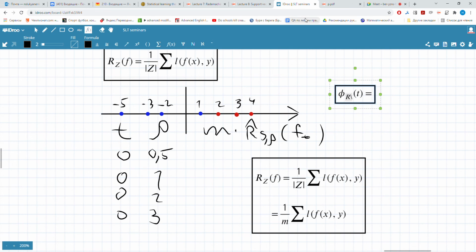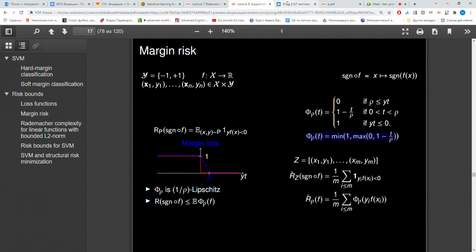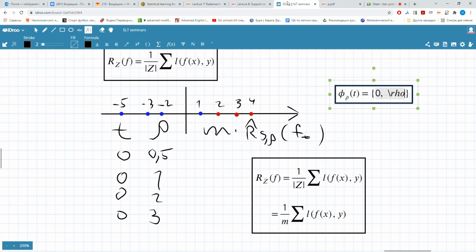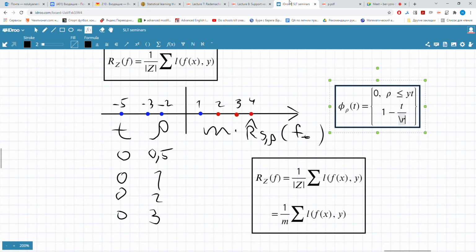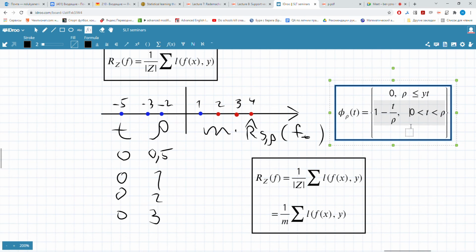Phi rho equals 0 in the case of... The value of margin is the level of our assurance that we classify correctly, some distance of high assurance.